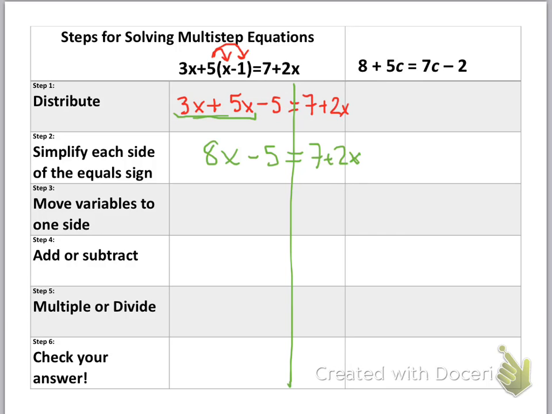I can either subtract 8x from both sides, or I could subtract 2x from both sides. I'm going to choose to subtract 2x because I don't like negatives. So on that next tab, I'm going to write minus 2x to both sides, and that will leave me with 6x minus 5 equals 7.